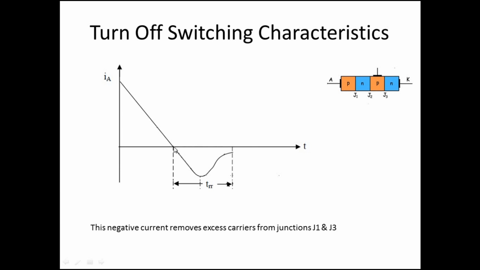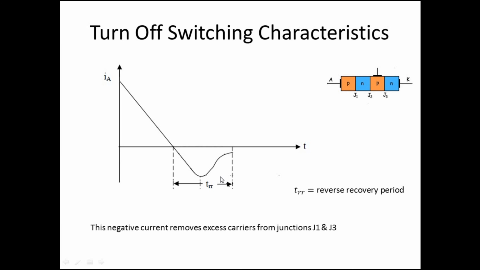The negative current is due to there being no depletion region at this point, so the thyristor continues to conduct even in the negative current direction, but at negative current the charge carriers at J1 and J3 get removed. This time period is called the reverse recovery period, TRR.